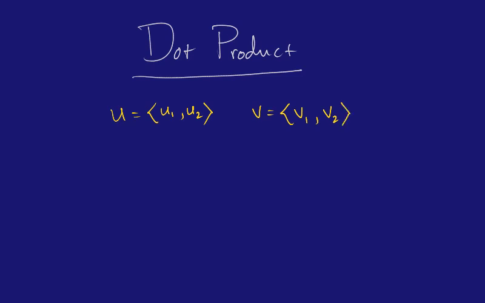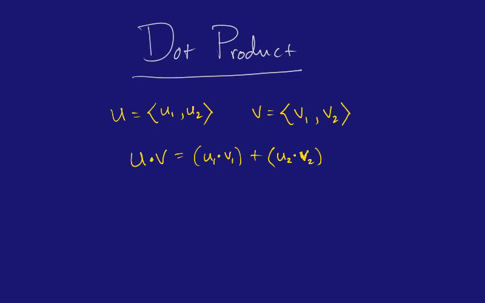Let's say those are your two vectors. In order to do the dot product, which is just u times v, but we call it the dot product, all you have to do is multiply the horizontal components, u sub 1 times v sub 1, and then you add it to u sub 2 times v sub 2, and that is what you get.